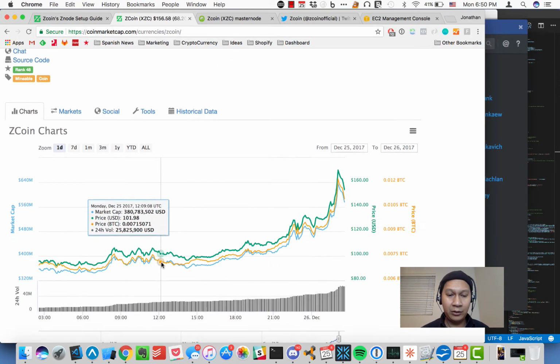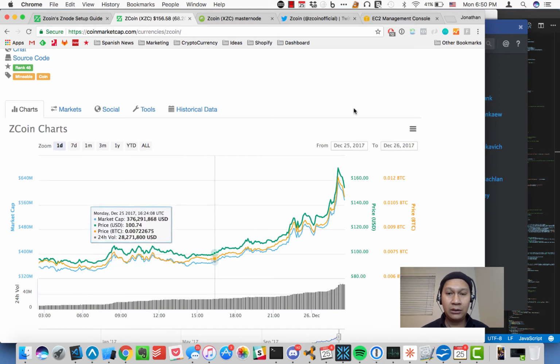So if you've been following Zcoin, they have announced the Z node, and on Saturday, the payments went live as of block number 66,700. So the way the payment system works is that your Z node goes into a queue, and every time a Zcoin block is completed, the reward is sent out to one lucky winner in the queue.